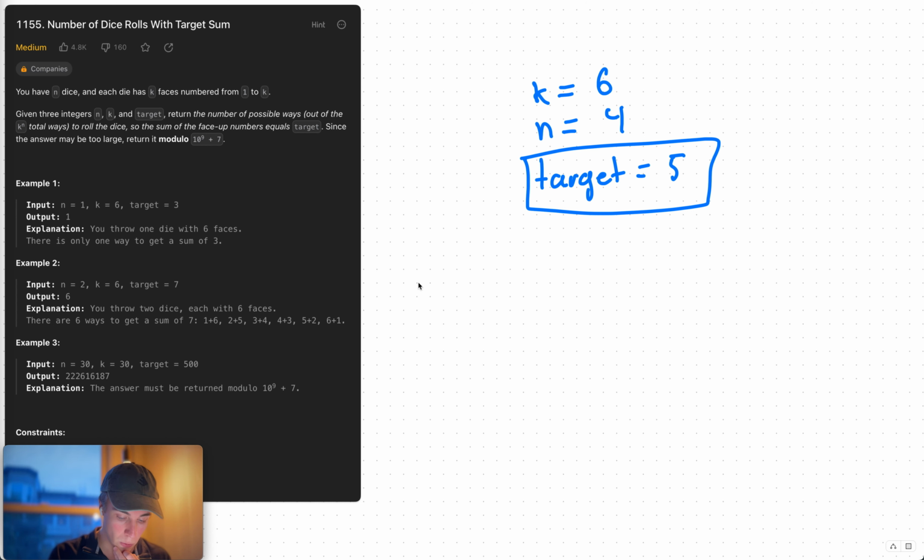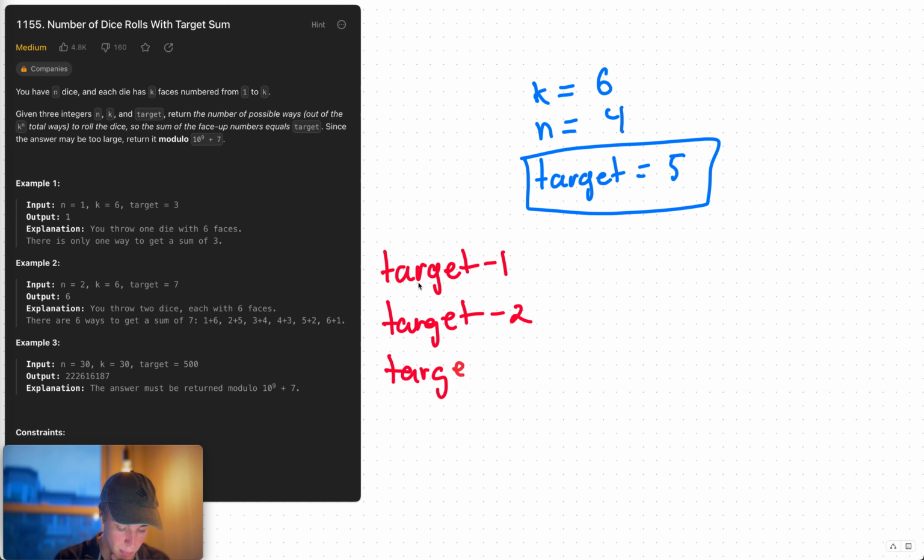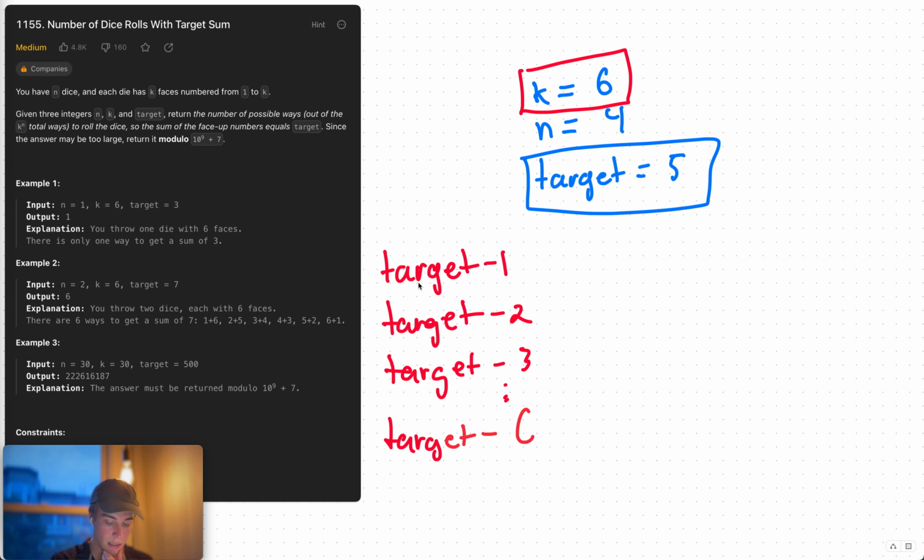I could ask, what is the number of ways that I can get target minus 1, then target minus 2, target minus 3, and so on until I reach target minus 6. But instead of asking that question with 4 dice, I'm going to be asking it with 3.